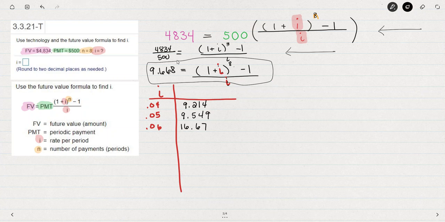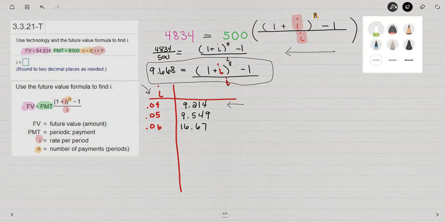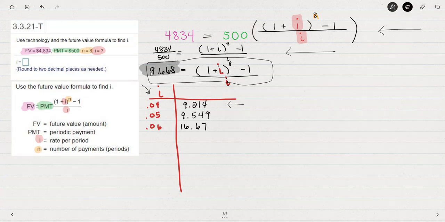So here's how I'm going to try this. I'm guessing at an I. I'm going to start with 4%. And I'm going to look to see whether this result I get is smaller or greater than this 9.668.